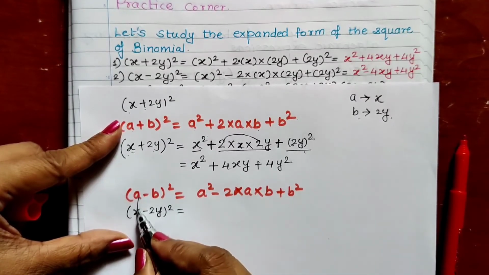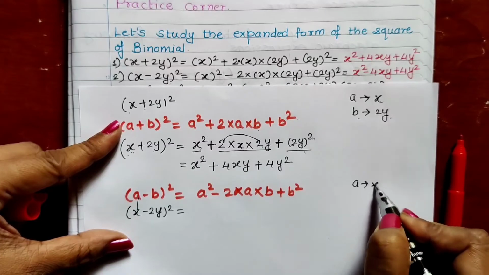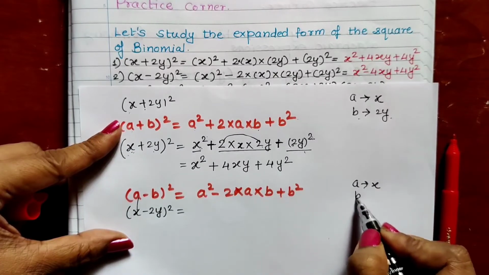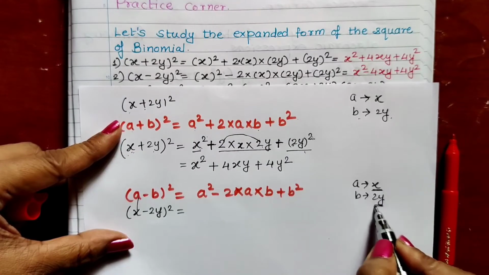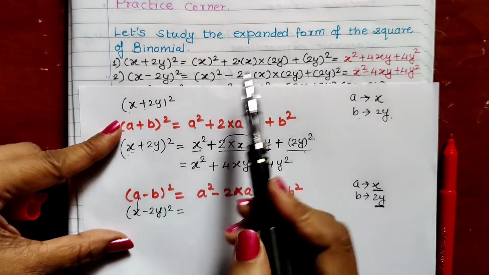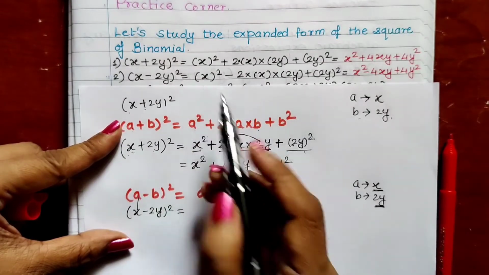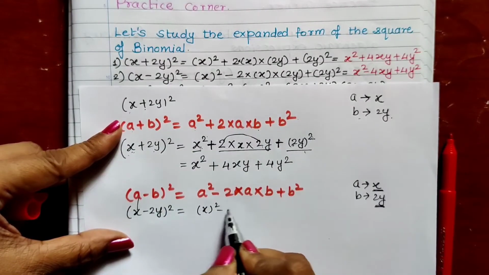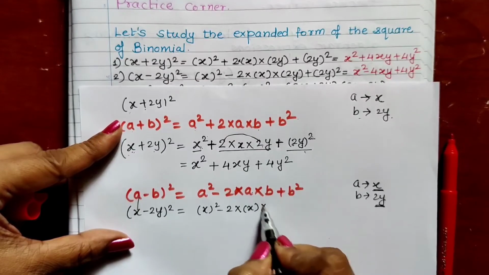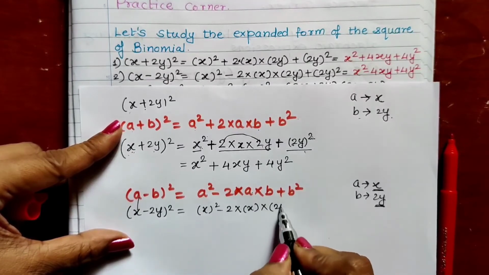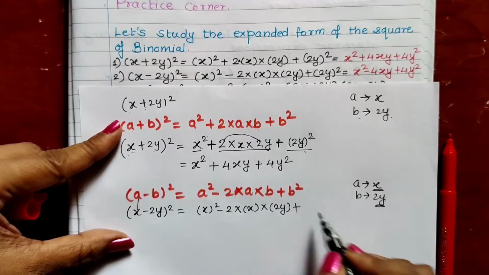So a is x, b is 2y. In place of a we will be writing x, in place of b we will be writing 2y for application of formula. So see, a square means x square minus 2 into a means x into b means 2y plus b square means 2y square.